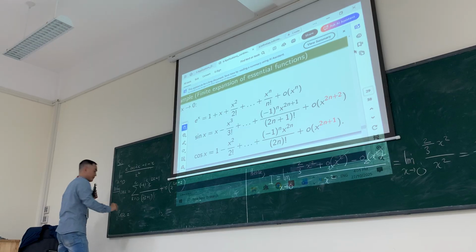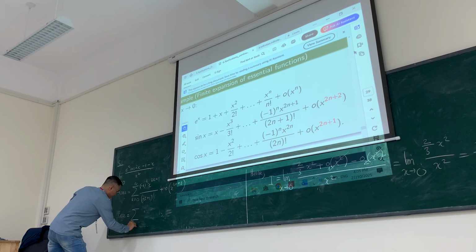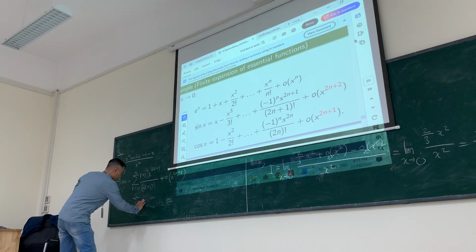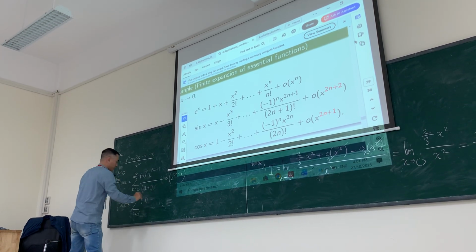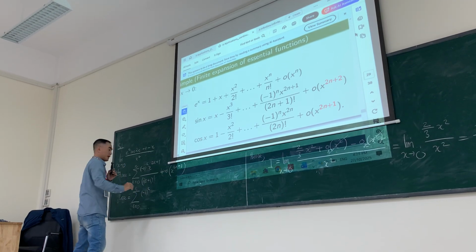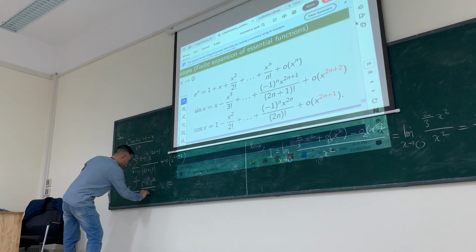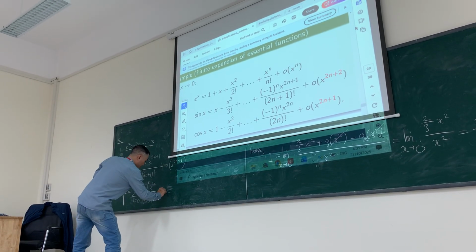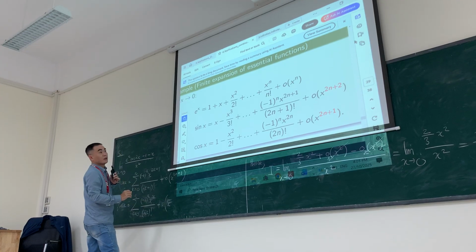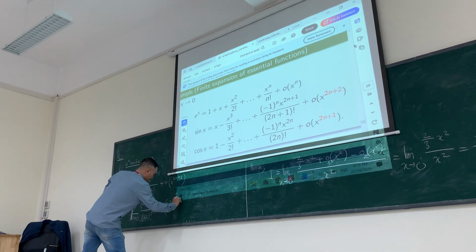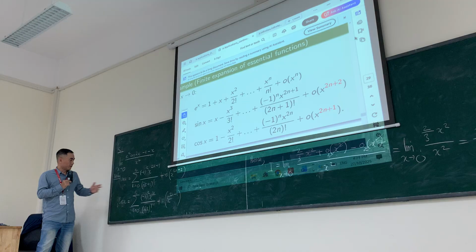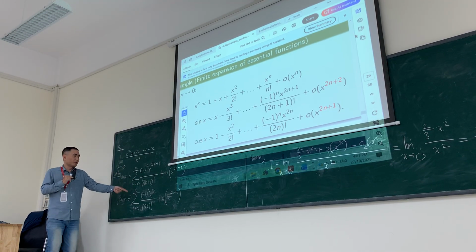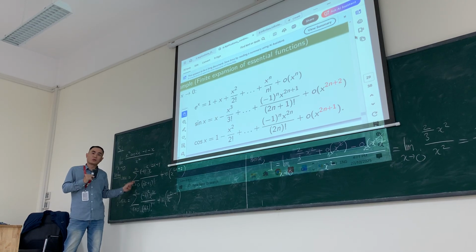Okay, this means we can express this by the sum k from 0 to n, negative 1 the power k times the x power 2k over 2k factorial, plus the literal O x power 2n plus 1. Okay, we replace the sine and cosine by some here. Okay, easy for you when you take the n equal 1, equal 2, the same.